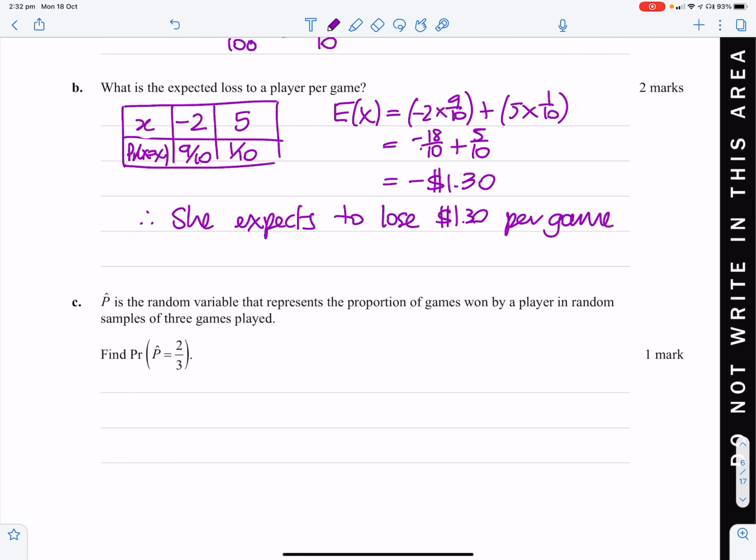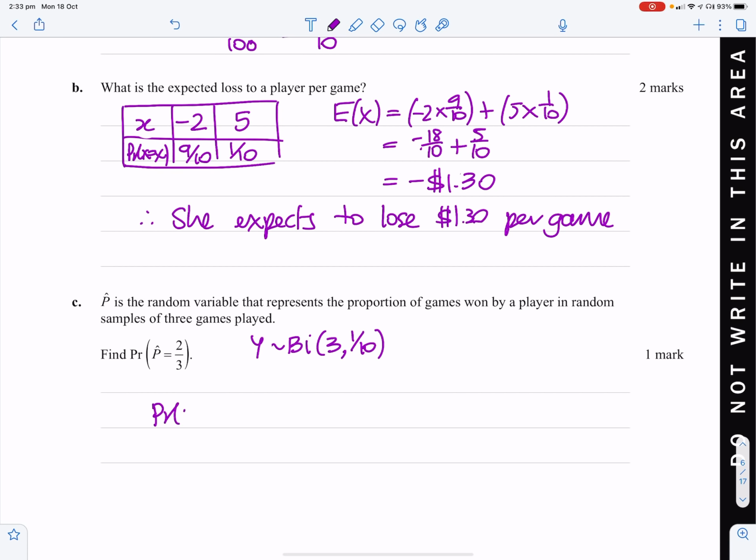Okay, p hat is a random variable that represents a proportion of wins by a player in random samples of 3 games played. So find the probability that P hat is equal to 2/3. So we could say X is binomially distributed. Let's use Y. 3 trials and our chance of winning a game is 1/10.